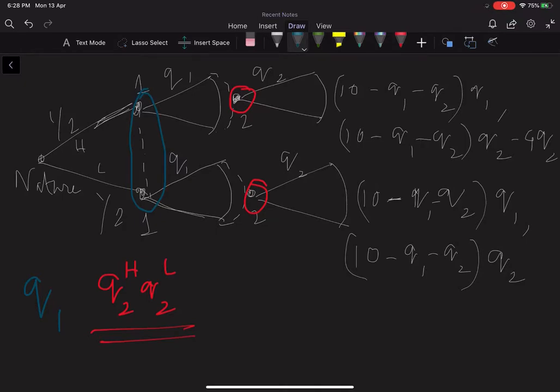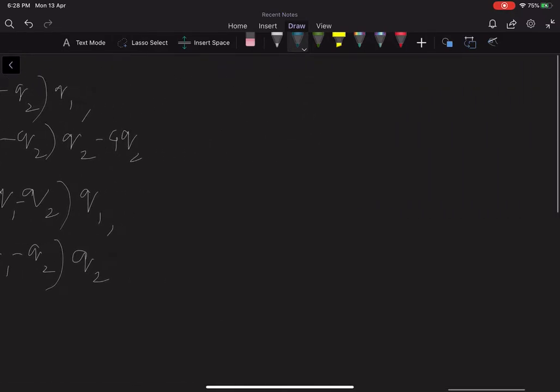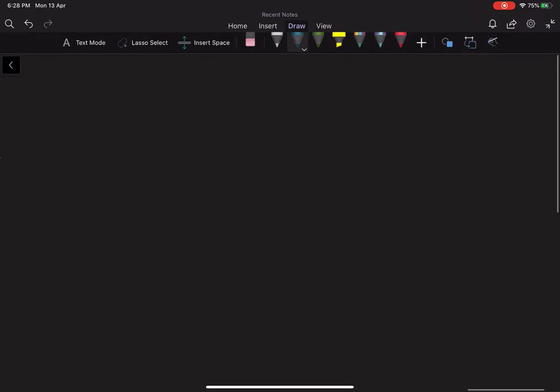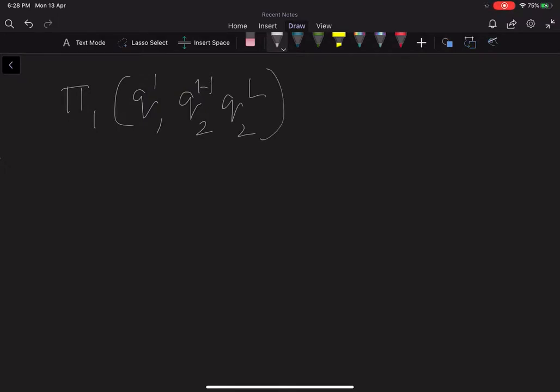Now, given the probability is half and half, each player can compute expected payoff. Okay. So what is the payoff of player 1? Let's compute the payoff of player 1. When player 1 chooses strategy Q1 and player 2 chooses strategy Q2H for the high type and Q2L for the low type, what is the expected payoff?